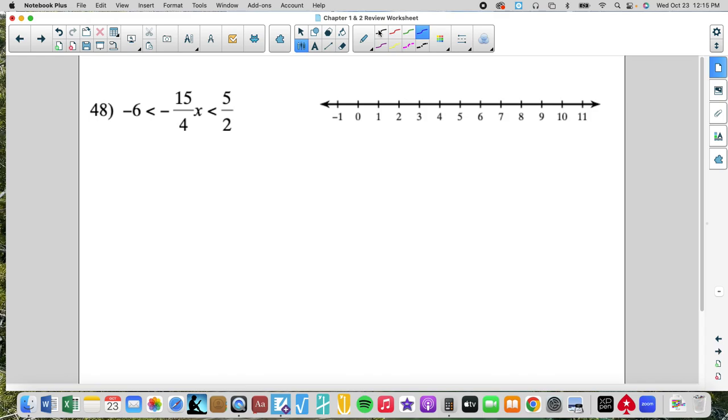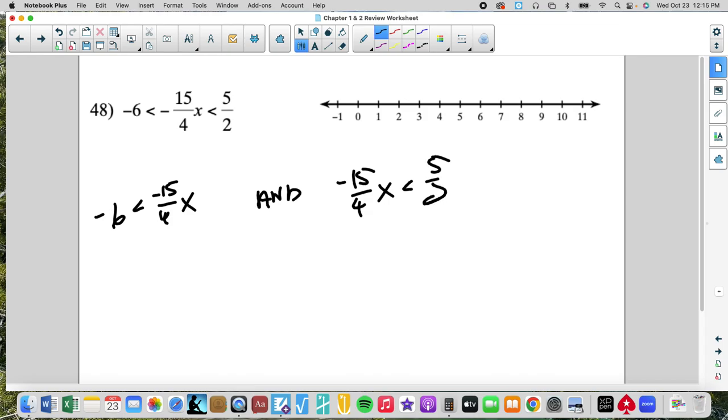This is an and statement also. Negative 6 is less than negative 15 fourths x, and negative 15 fourths x is less than 5 halves. So let's solve it. Multiply by the reciprocal. Negative 4/15.